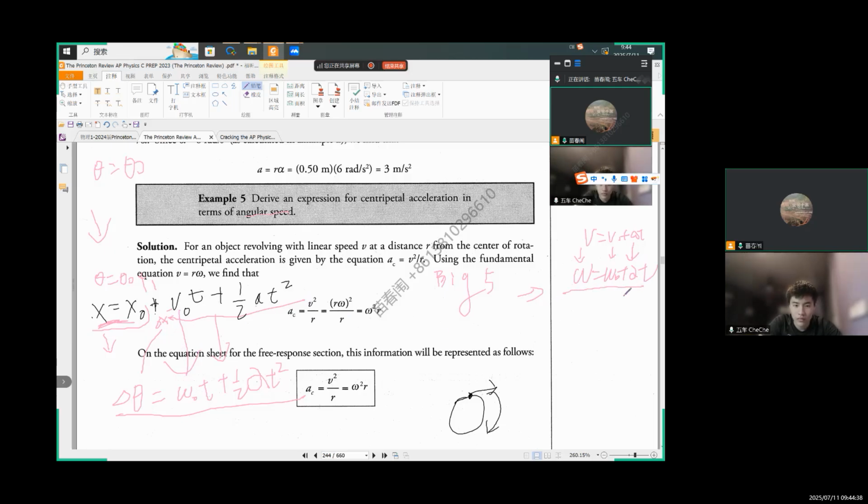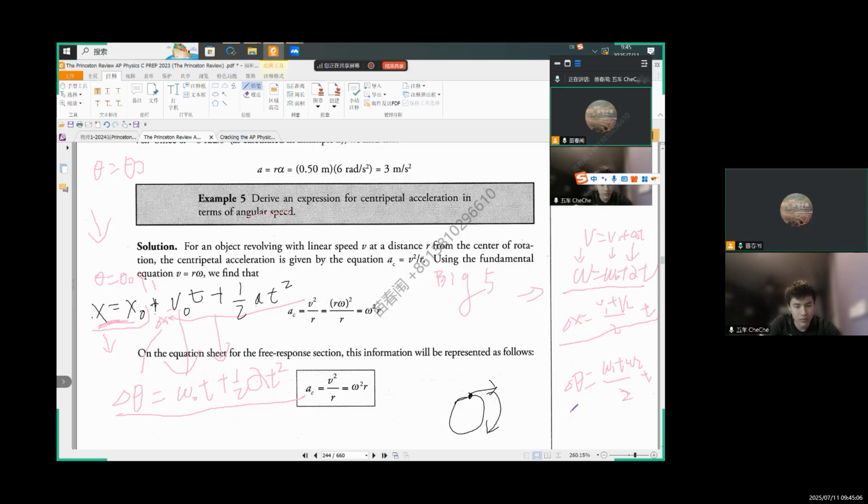So this is another formula. Before, we also had delta x equals (v1 plus v2) divided by 2 times t. Now I can just say delta theta equals (omega 1 plus omega 2) over 2, which means average angular velocity, times t. This is also working. And then what else do I have?